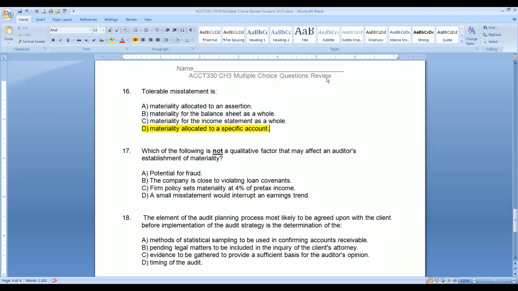The new terminology for this is, I should put it up here, performance materiality. I have no idea how they came up with that term. I guess maybe you're performing the audit, but that's what you're going to be looking at, maybe. But these are both account specific.